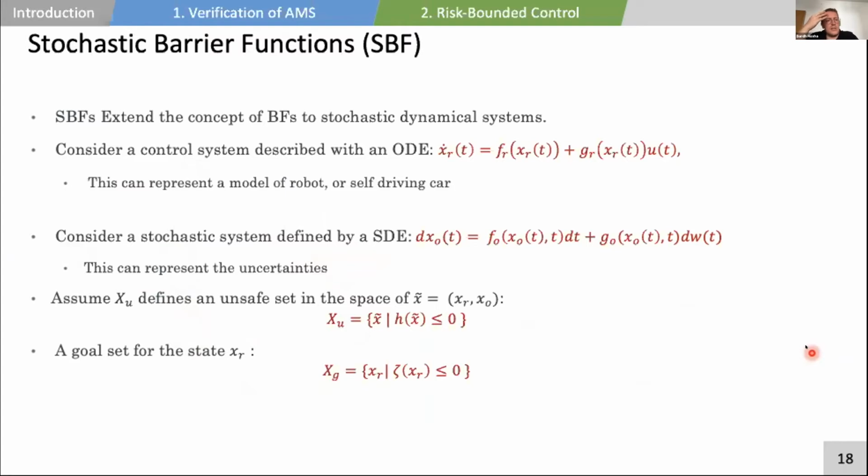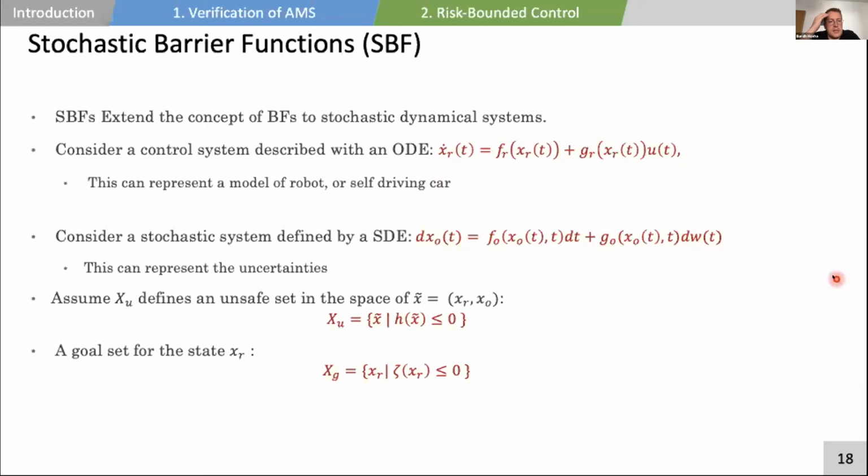So consider a control system described with an ODE: x_r dot equals f of x_r plus g of x_r times u_t. This can represent a robot or a self-driving car. And we can consider a system defined by an SDE, very similar, except that we have a noise component here.